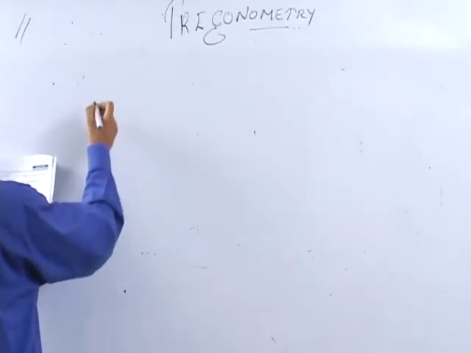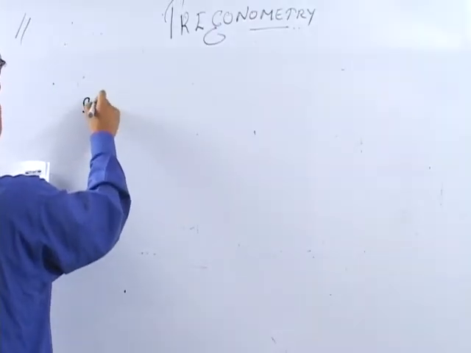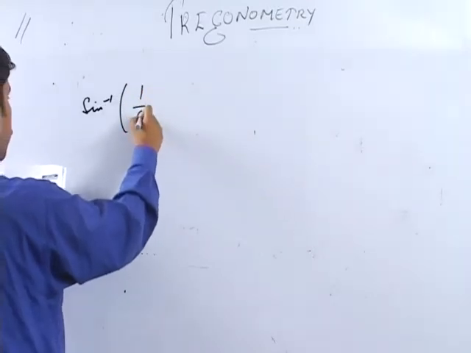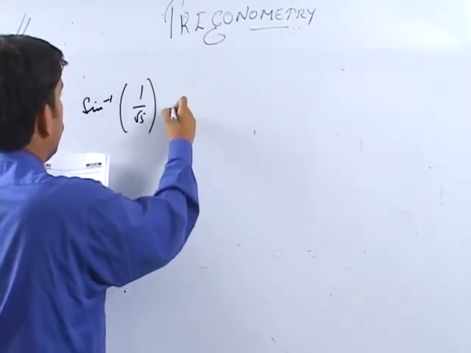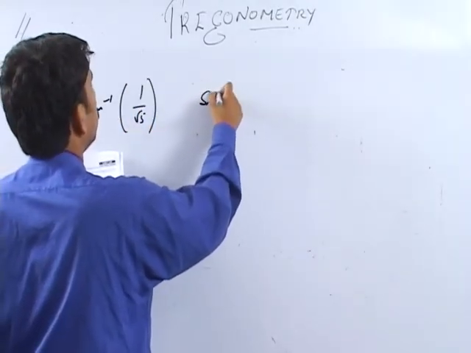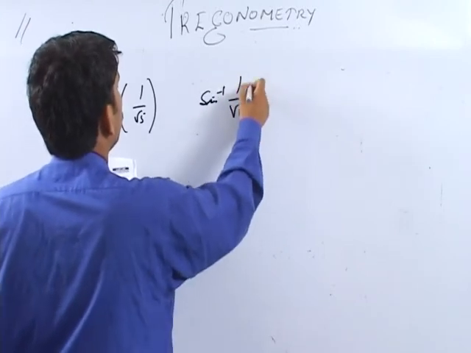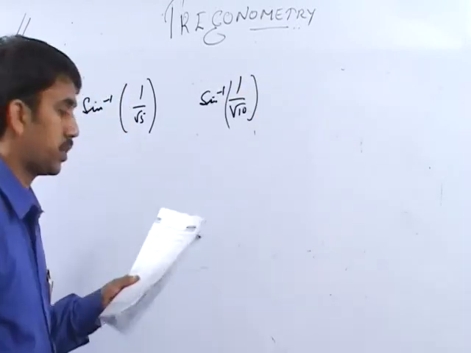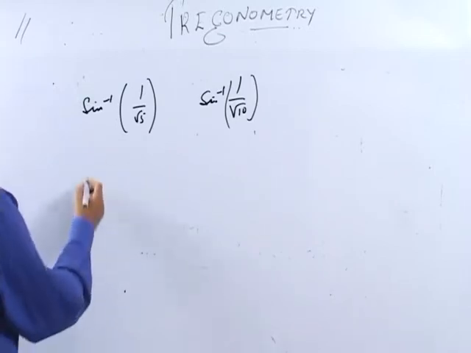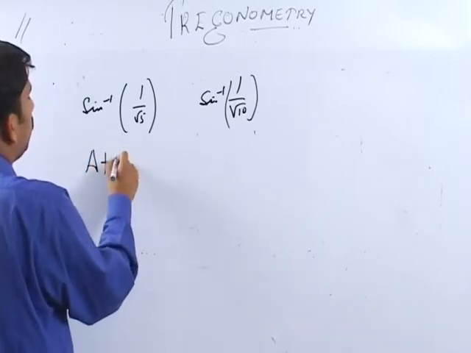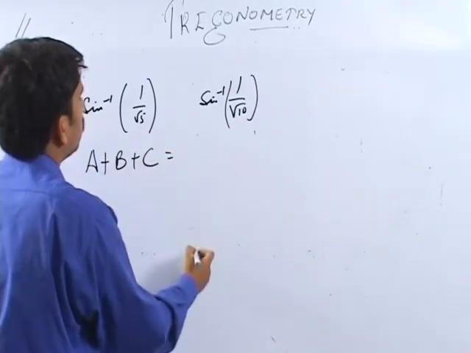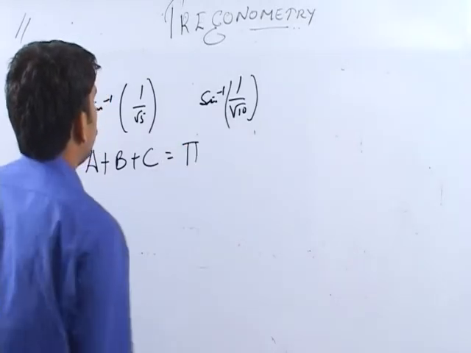Two angles of a triangle are sine inverse 1 by root 5 and sine inverse 1 by root 10. You have to find out the third angle. Now you know that A plus B plus C, the sum of three angles of a triangle, is 180.